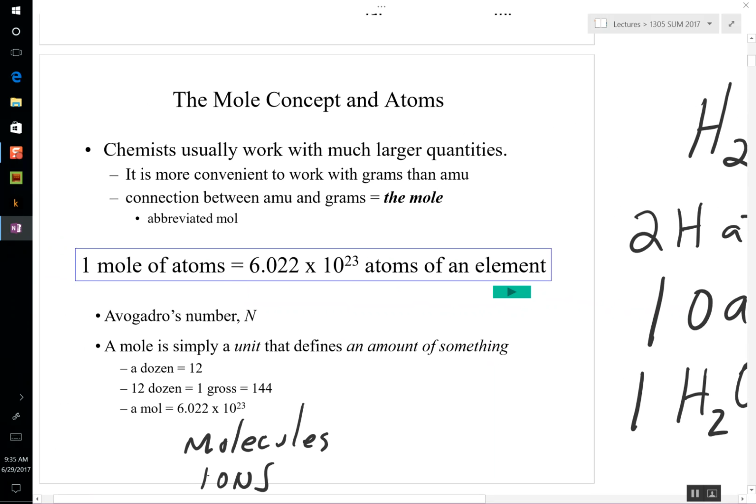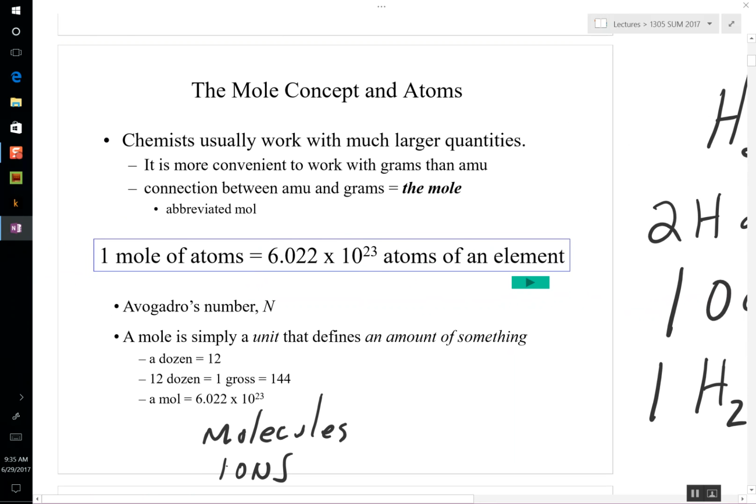All right, and why such a big number? Such a big number because atoms and molecules are such tiny things. I can't go over in the lab here and weigh out even 1 million oxygen atoms. They don't weigh enough to even start tipping the balance at all.